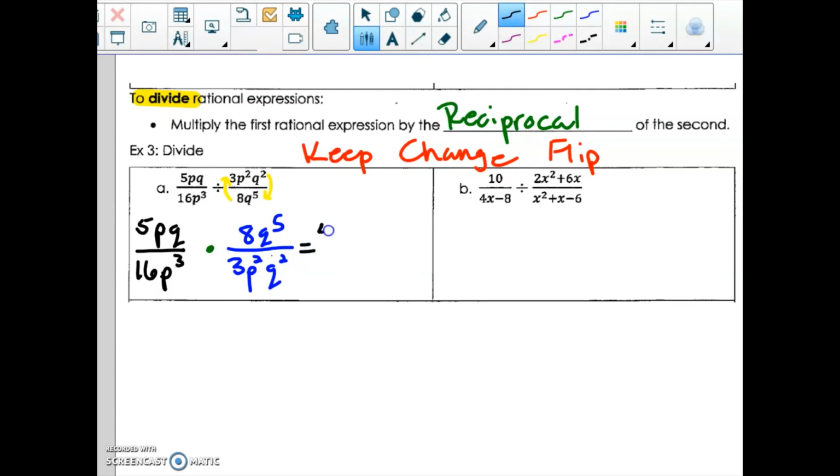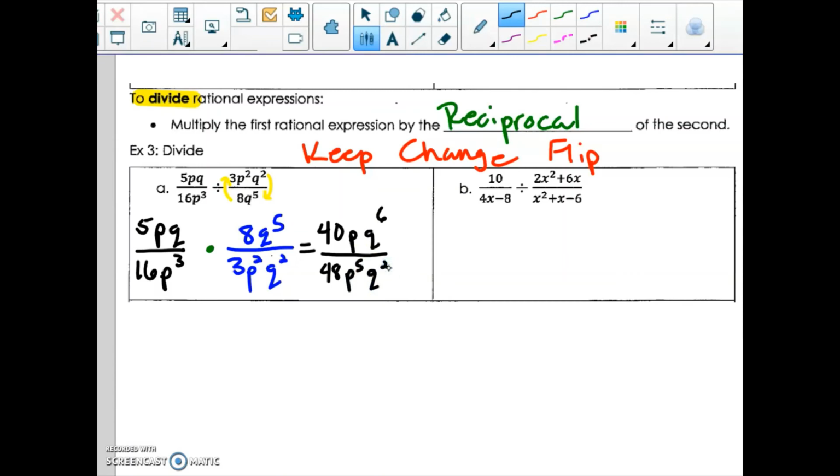So let's multiply this together. That would be 40p q to the sixth over 48 p to the fifth q squared.